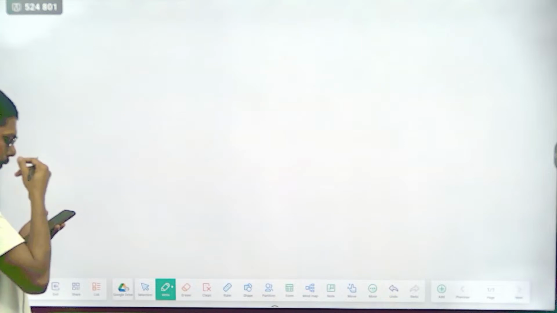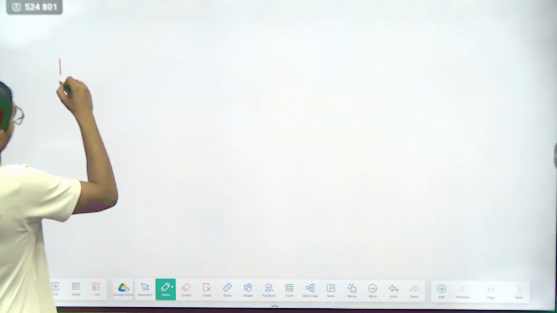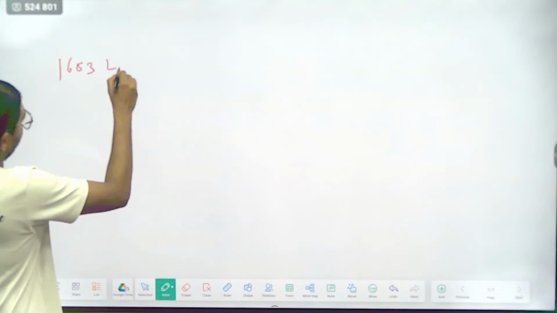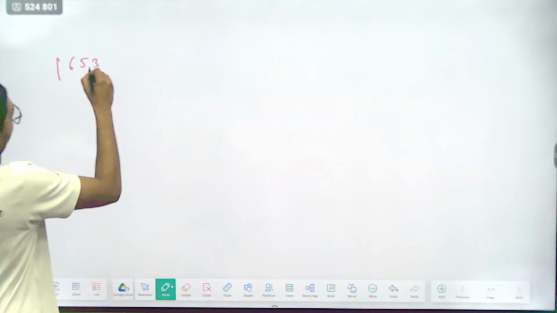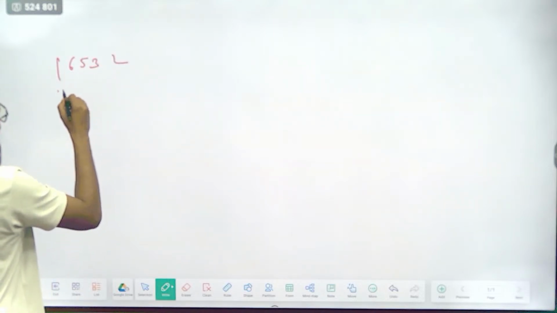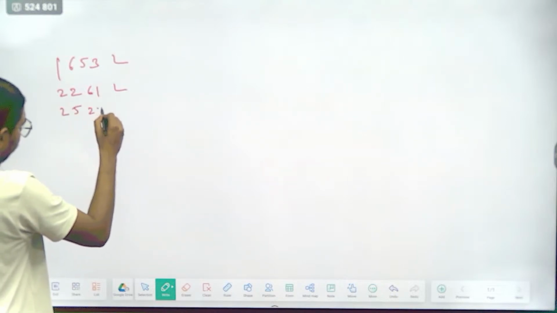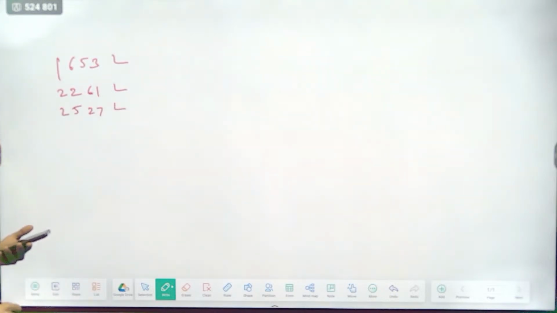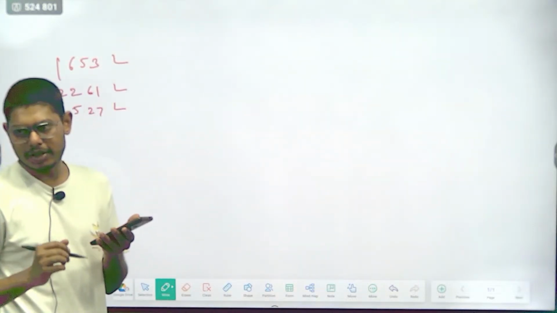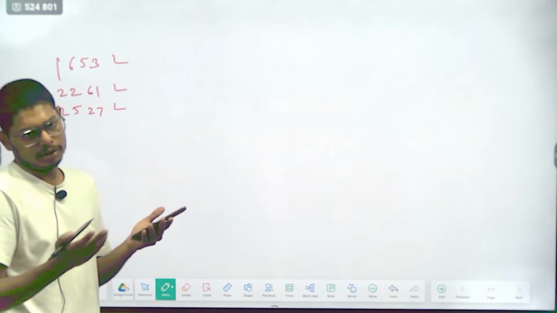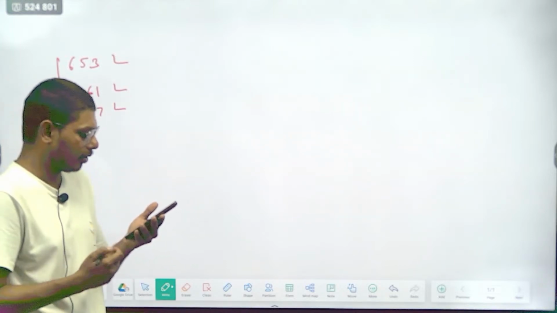We have 3 drums of capacity 1653 liters, 2261 liters and 2527 liters. You have to find the greatest possible size of the measuring vessel. I cannot write all this over here; I can, but in the interest of time I am not writing it.